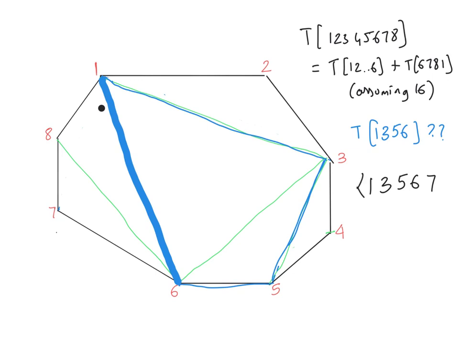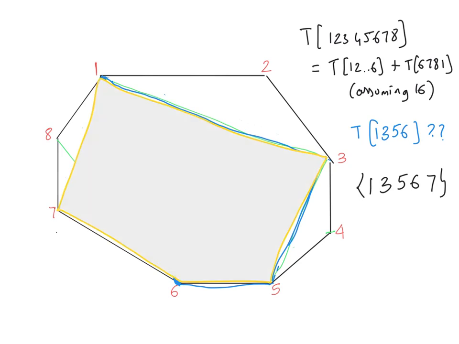Okay, so this is a particular subset of these 8 vertices. They form some polygon, 1, 3, 5, 6, 7, 1. So they form this polygon, and you would be looking at all possible such polygons, and you would be wondering about what is the minimum cost triangulation of that in the dynamic programming algorithm.